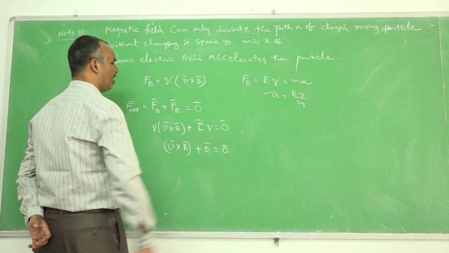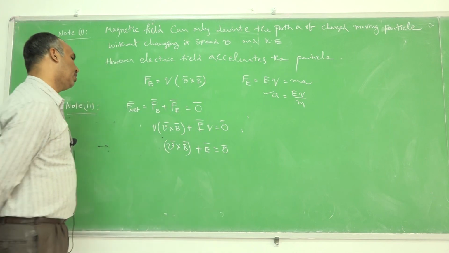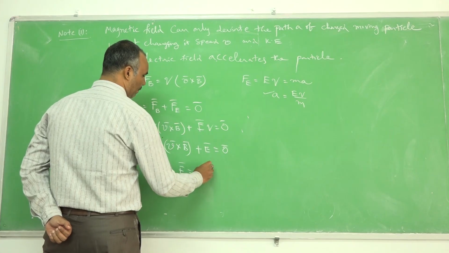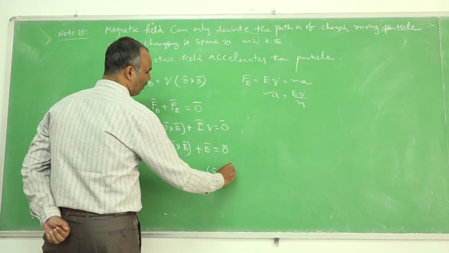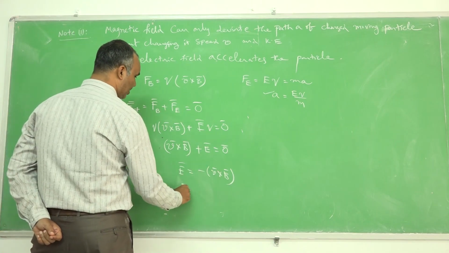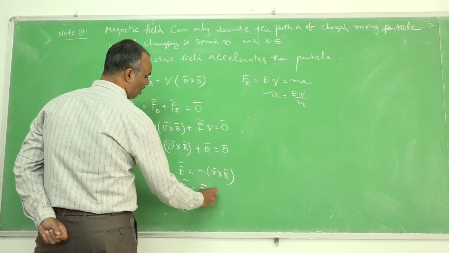Net force is a vector, 0 vector, which means E bar is equal to minus of V bar cross B bar. Otherwise, if you multiply minus here, it becomes B bar cross V bar.